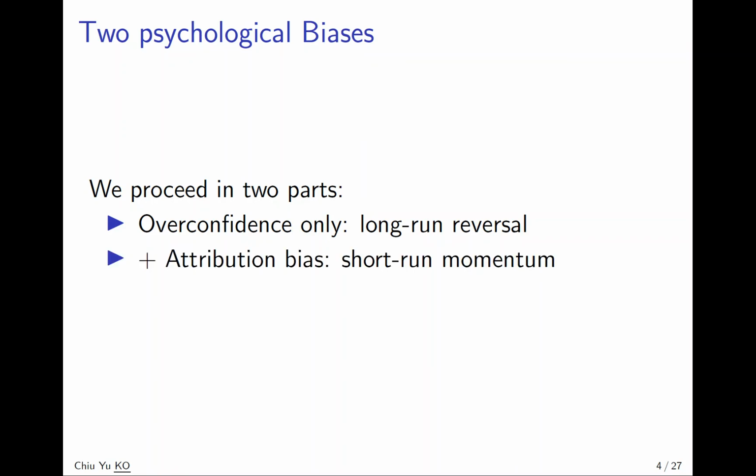And with attribution bias, the momentum arises because when we see a stock go up and we see a signal that may not be relevant, we wrongly believe that the signal is supporting our initial belief. So the trend tends to continue. So we have a short run momentum.